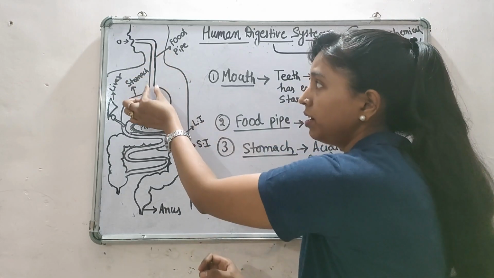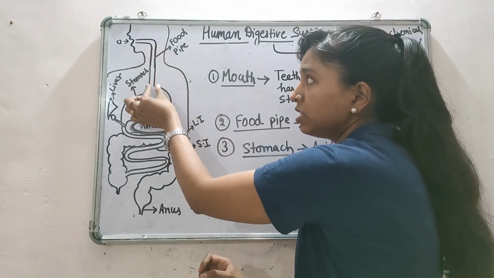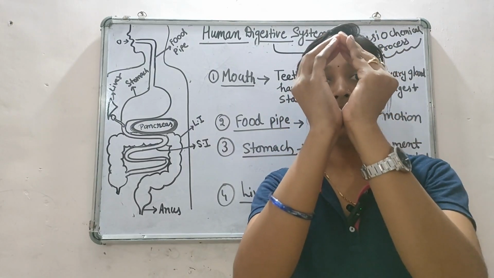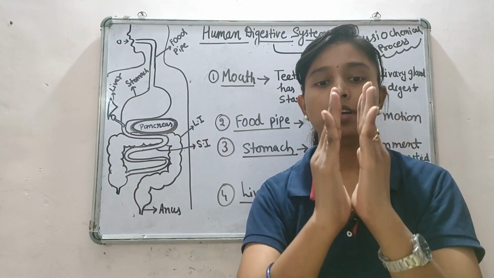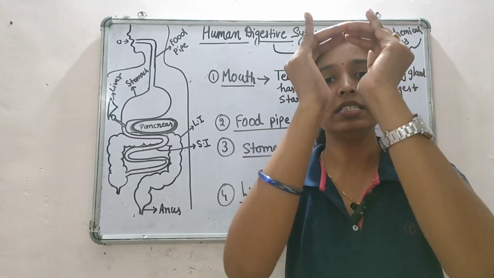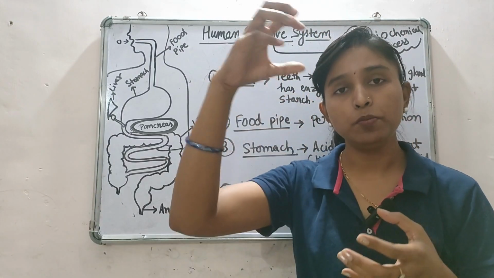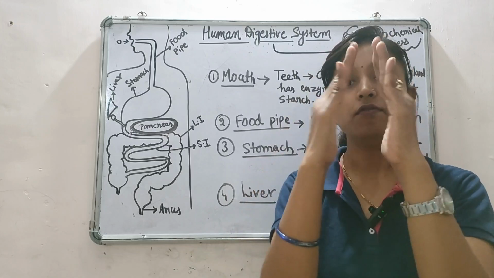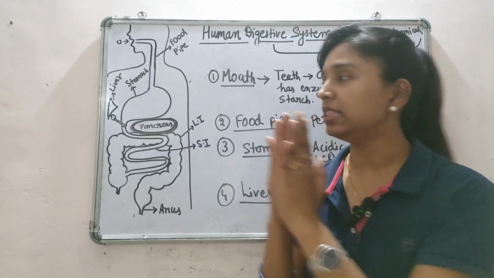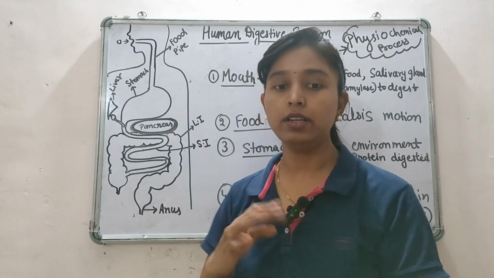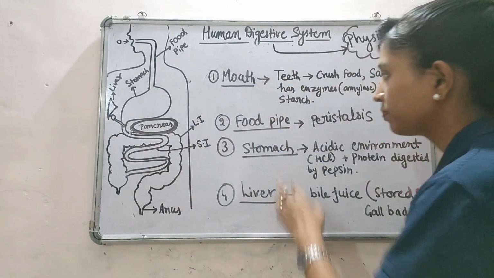Say, this is a food pipe, and it pushes the food like this. Can you see? This type of motion is known as peristaltic motion. It pushes the food in a wave-like motion, and this helps the food get down to the stomach.